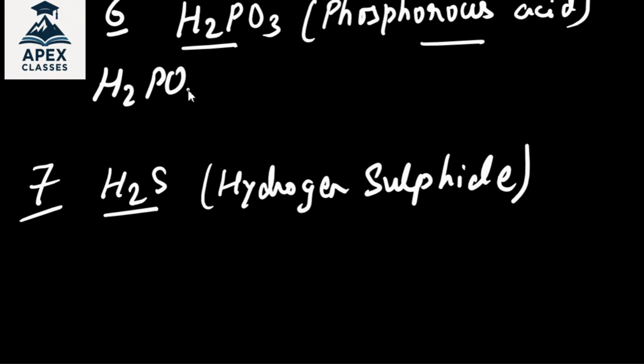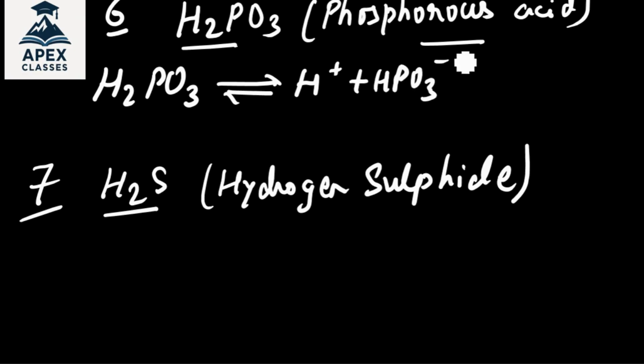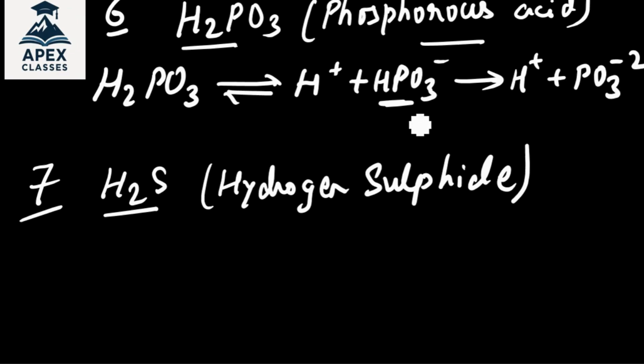So H2PO3 will split up as H plus and HPO3 minus, and again this HPO3 minus will split up as H plus and PO3 minus 2. Clear? So this becomes biphosphite, and this phosphite.